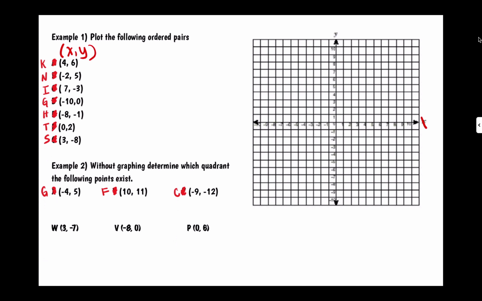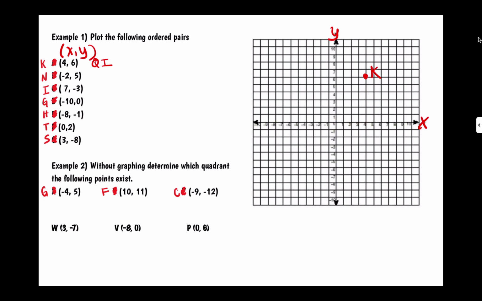So here is our x and here's our y. So you always start counting from the middle. So for K, we're going 4, 6. So we start in the middle, going over 4, up 6. So that's K. And that is also in quadrant 1.